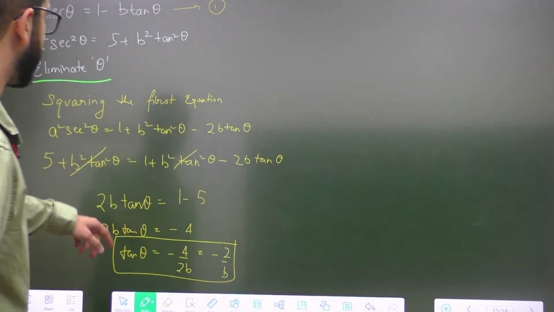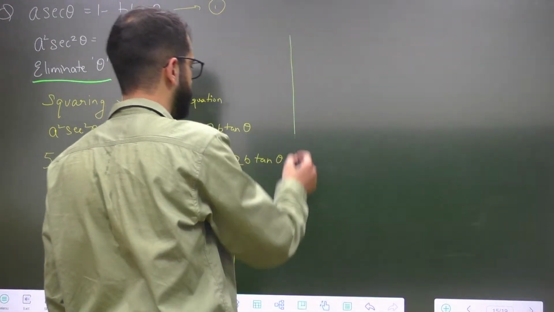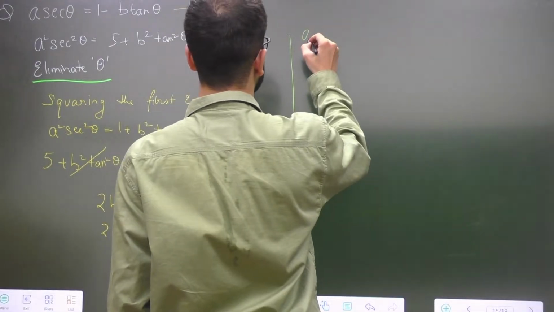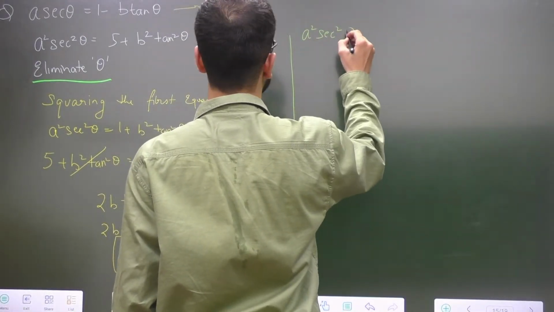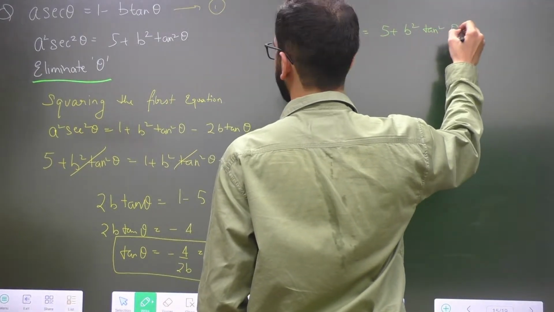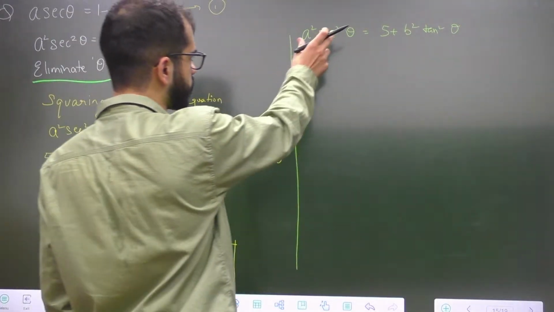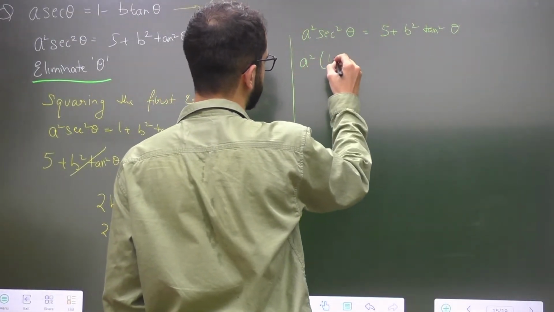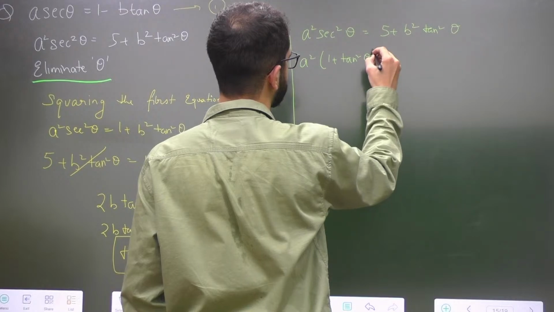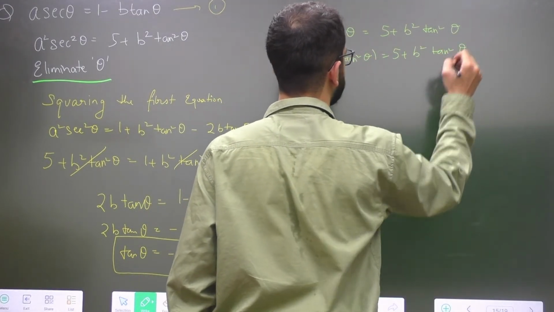Okay, now I have to substitute the value of tan theta. I'll use the second equation for the substitution process. a square sec square theta equals 5 plus b square tan square theta. I have the value of tan theta with me, so I have to convert this into tan theta. a square into 1 plus tan square theta equals 5 plus b square tan square theta.